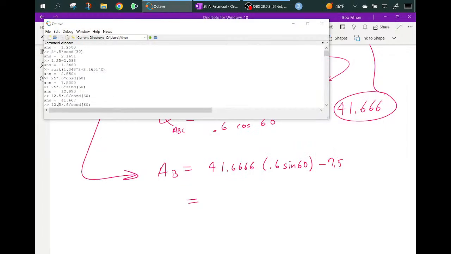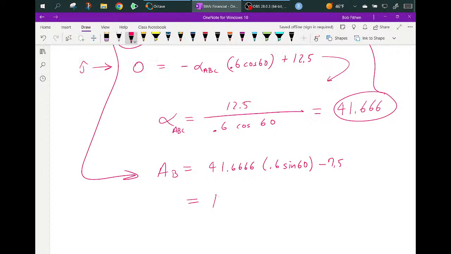Okay, let's just use that. Okay, A times 0.6 times sine degree of 60 minus 7.5, 14.151.